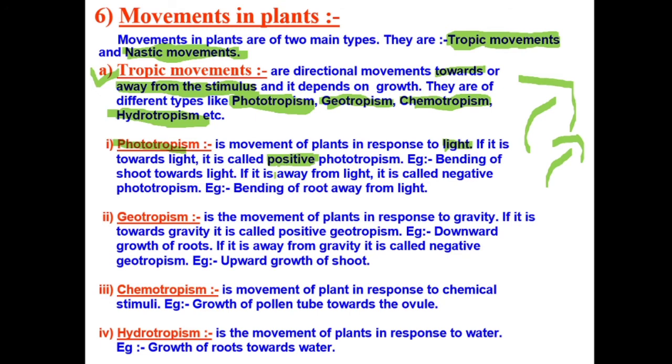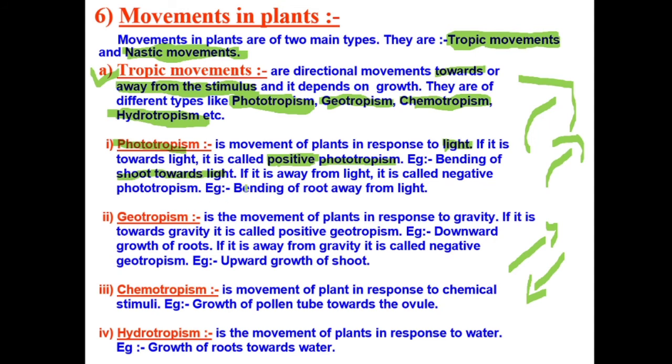When a plant is growing towards a stimulus, that type of movement we will call positive tropism. Okay, here towards light, positive phototropism. Away from light, negative phototropism. Okay, away from the stimulus, negative. Towards the stimulus, positive. Okay, example, bending of shoot towards light, right? If it is away from light, it is called negative. It is towards light, it is called positive.